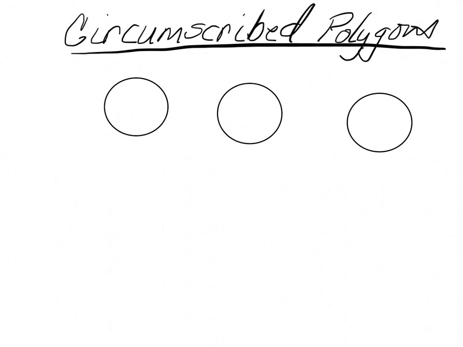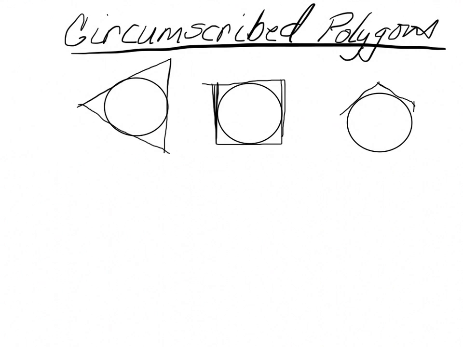And so a circumscribed polygon would be something like this triangle, or it could just be a quadrilateral, like this. Or it could be any other polygon, like a pentagon or a hexagon or anything else. And all of these are circumscribed.